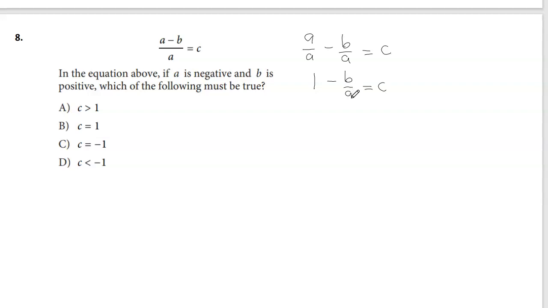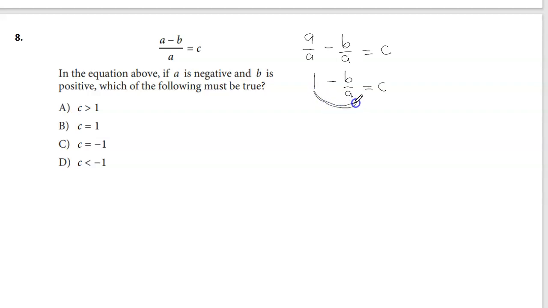And remember, if A is negative, it's going to cross out the negative here and make this whole thing become positive. Which means that if this condition is met, we're going to have a positive value greater than 1.